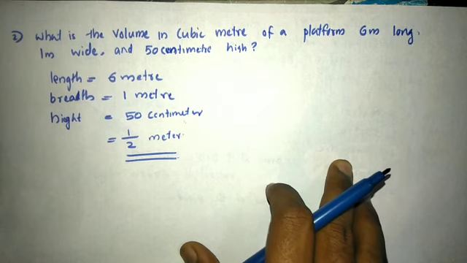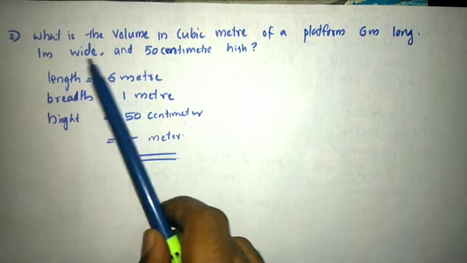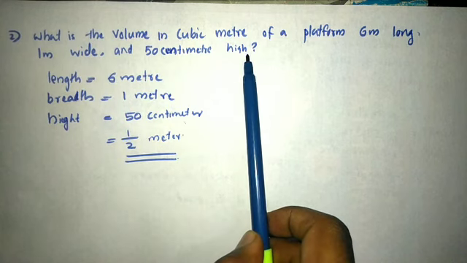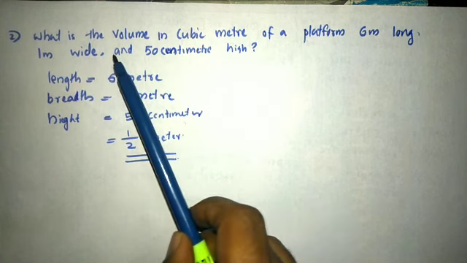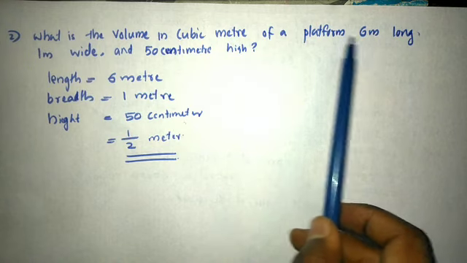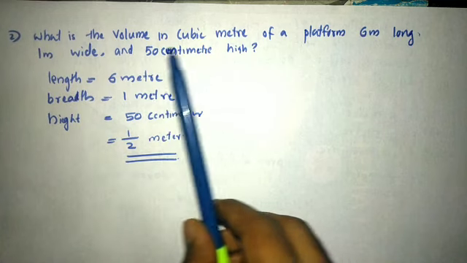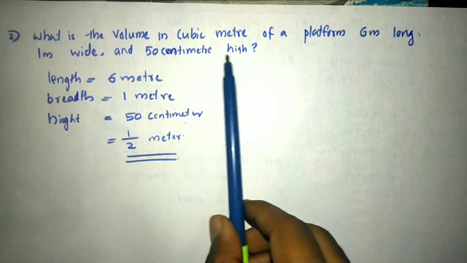What is the volume in cubic meter of the platform 6 meter long, 1 meter wide, and 50 centimeter high? So it is a platform. The length of the platform is 6 meter and its width is 1 meter, and the height is given as 50 centimeter.